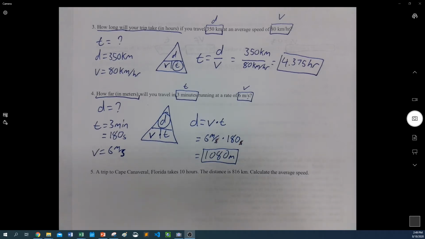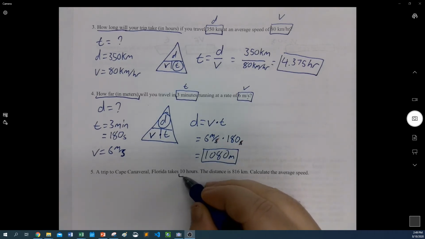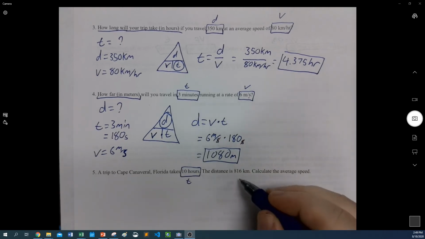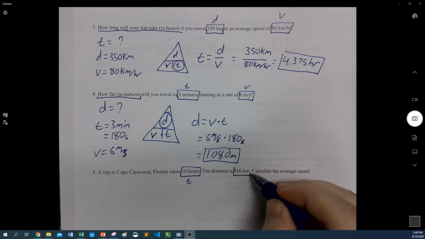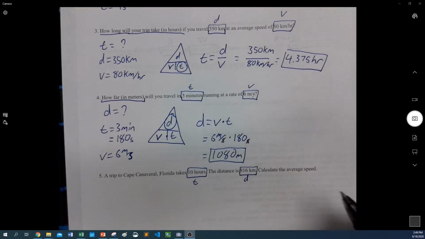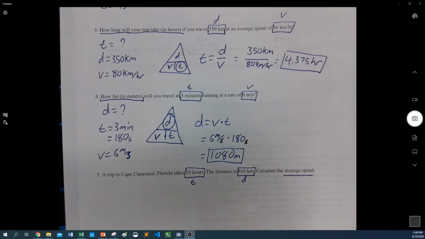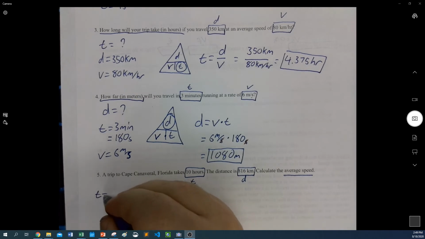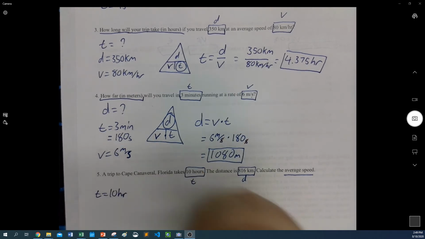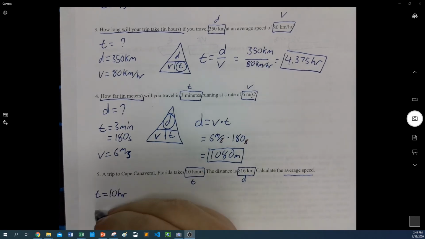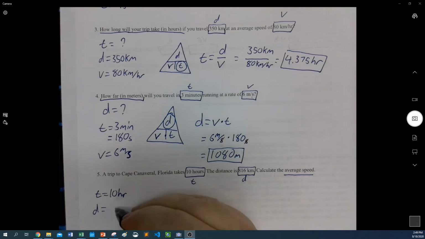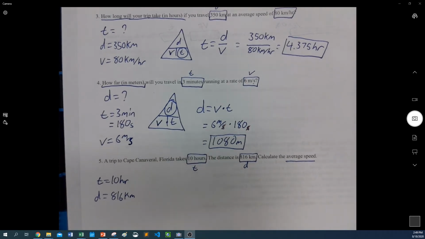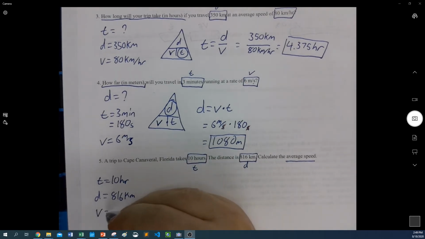So number 5. A trip to Florida takes 10 hours. That's our time variable. The distance is 816 kilometers. We're finding speed.